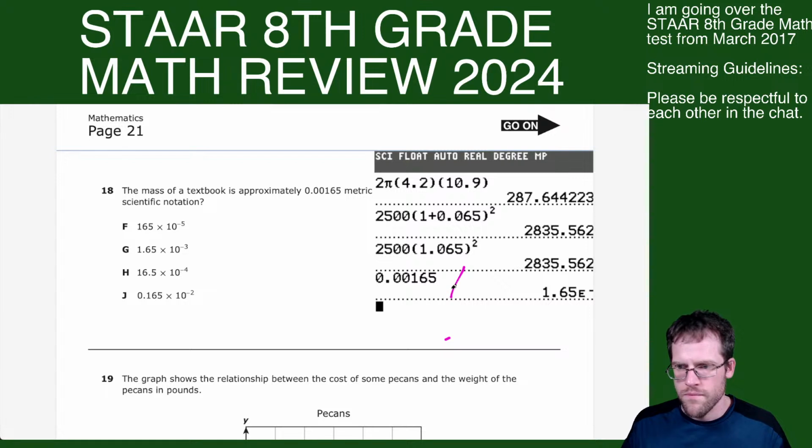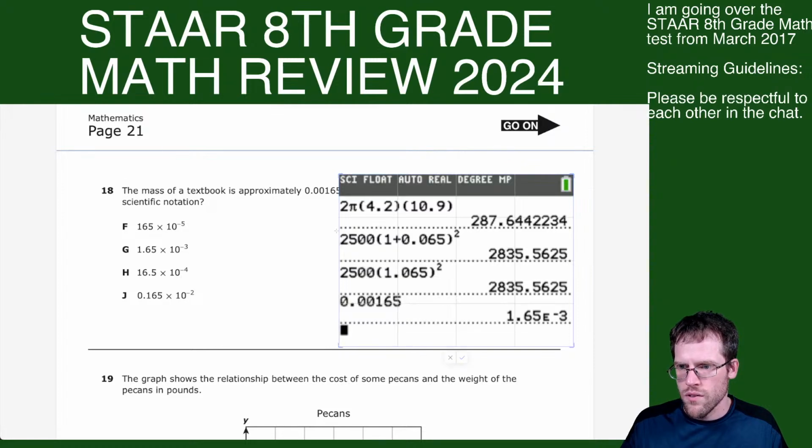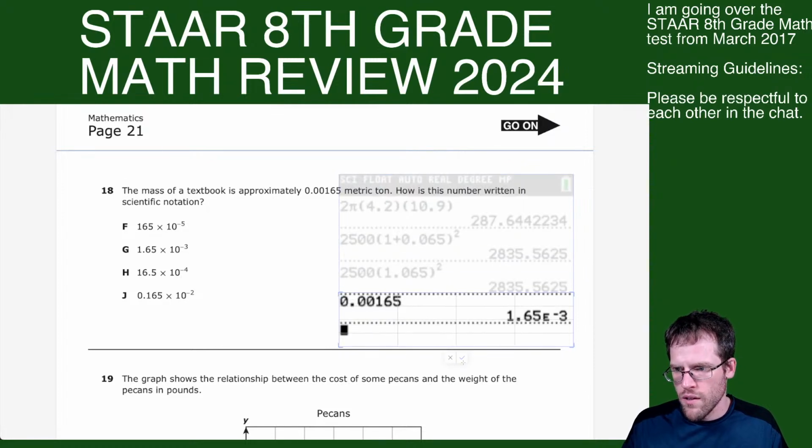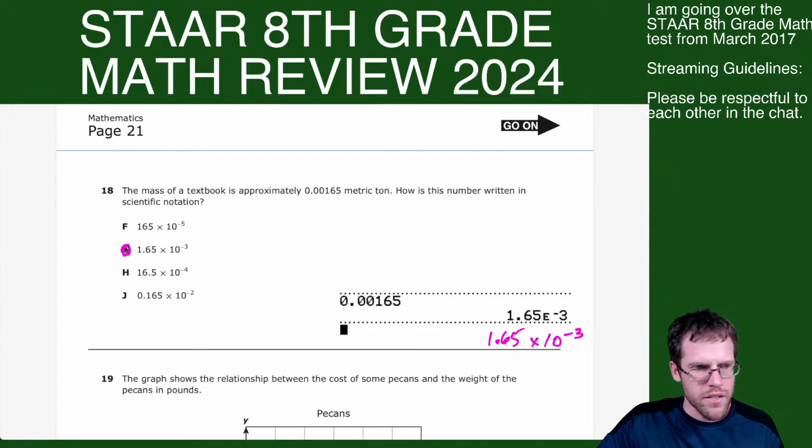It is written like this, 1.65. Now, people are like, what does that E mean? This means 1.65 times 10 to the negative 3. So that one, 18 is G. Without doing any real heavy math.